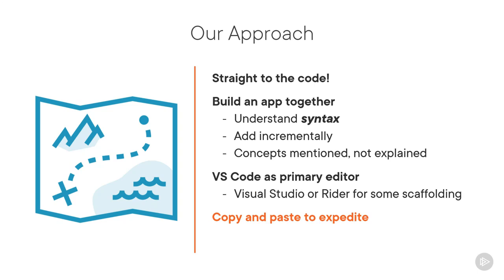I'll be copying and pasting blocks of code occasionally to save you the time of watching me type things line by line, but we'll always explain the code that's been added. I'll also include both documentation and Pluralsight course references for when you might want to dig deeper into a topic than we have time for in this course.